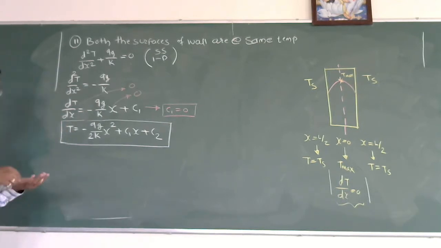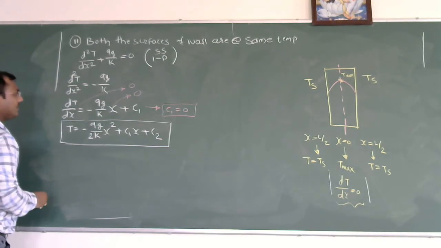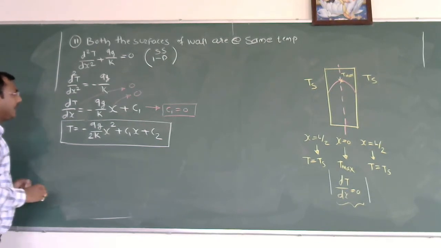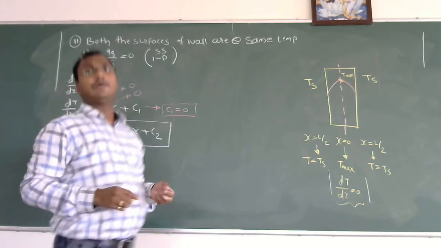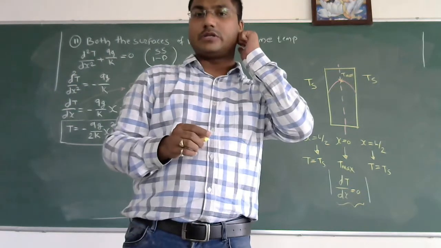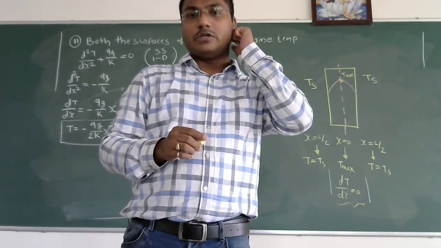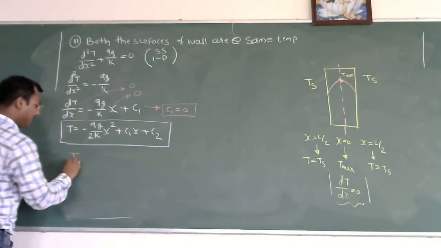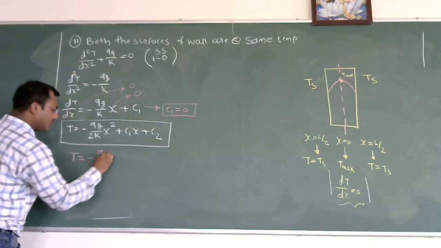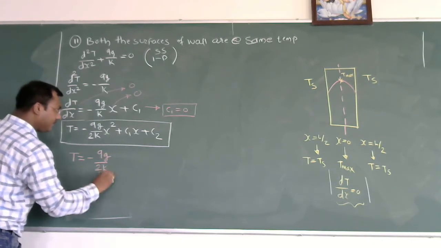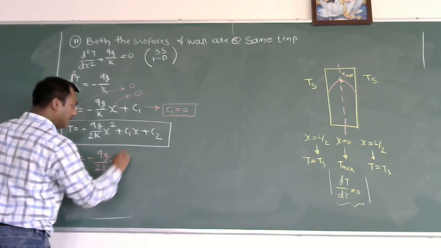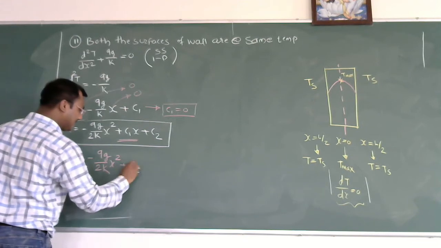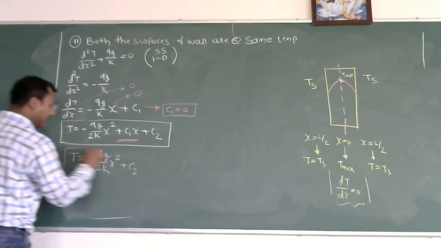The value of c1, that is the constant, becomes 0. So I can simply write the equation of the temperature: T is equal to minus qg by 2k x square plus c2. So the equation has reduced to this.